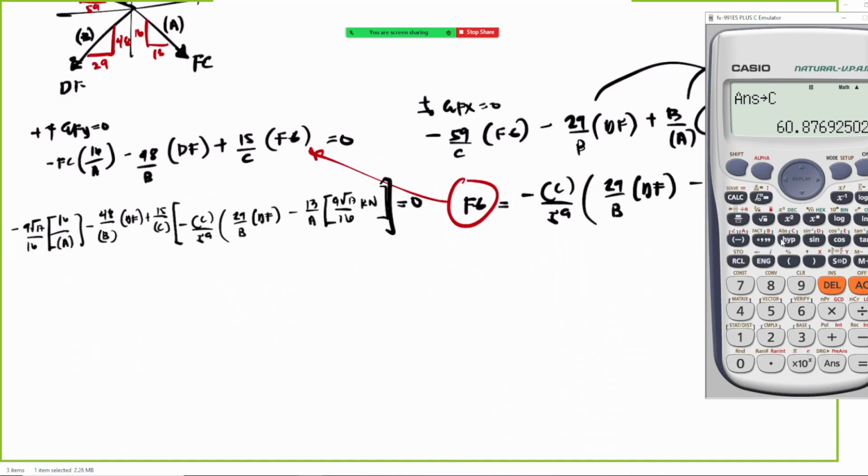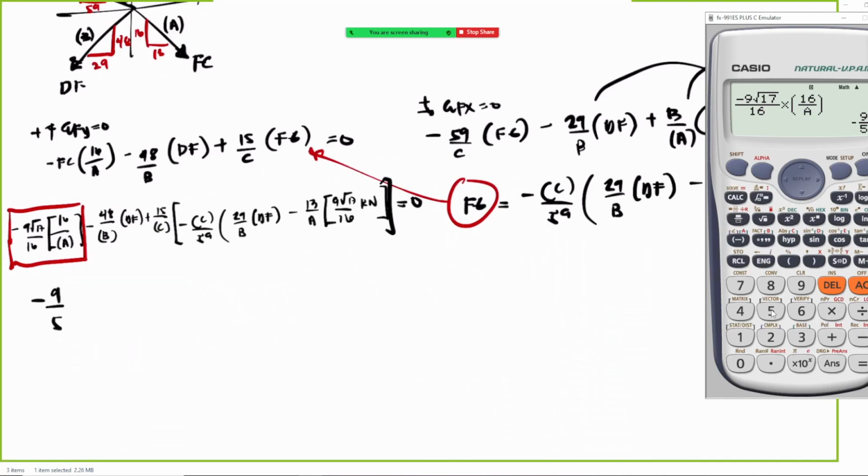So, pwede mong mag-FOIL method isa-isa. What we can do is pwede nating isolve muna to. Tama? Okay? So that is negative 9 square root of 17 over 16 times 16 over A. That is negative 9 over 5.